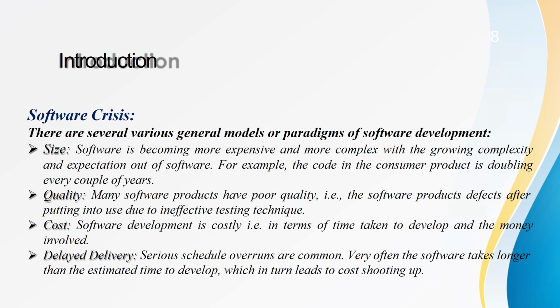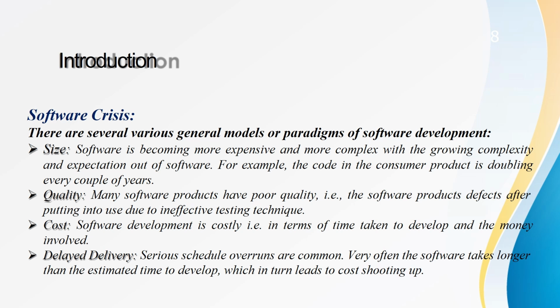The next one is cost. Software development is very costly in terms of the time taken to develop and how much money we invest there. That is based on cost. The next one is delayed delivery. What is delayed delivery? Serious schedule overruns are common.